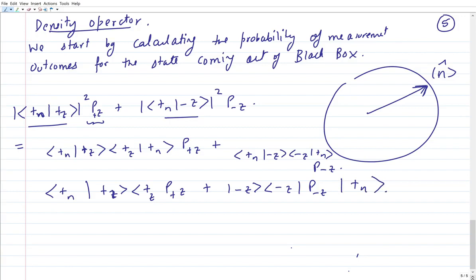This guy. So I'm just expanding it. This plus is the inner product, and it's going to be inner product over here also, and this I have sandwiched between two. So these two expressions are exactly equivalent. So notice what do I have over here? This structure, let me call it rho. This is an operator.